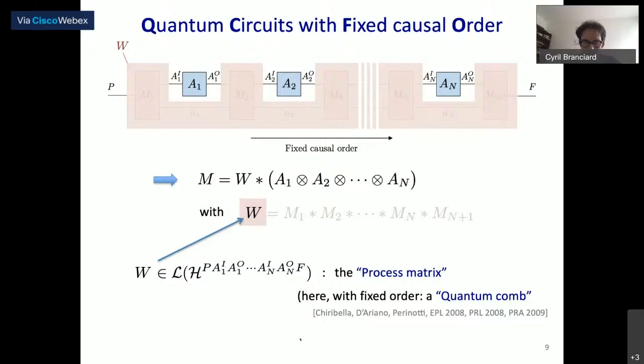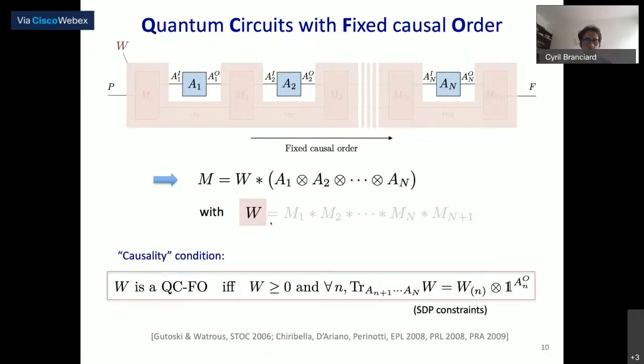As I was saying, this contains all the information that you need to know about the internal operations to compute the global map from the past to the future. So you can forget about what's inside the circuits and just need to know this W. What is nice is that you can characterize the set of all such Ws.